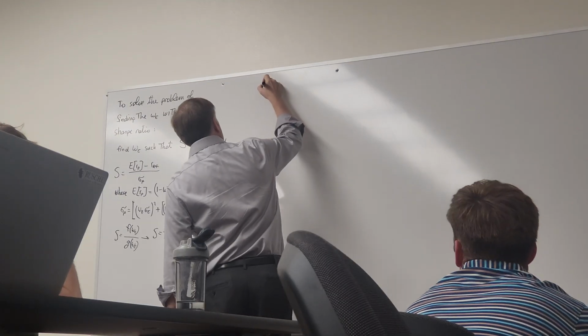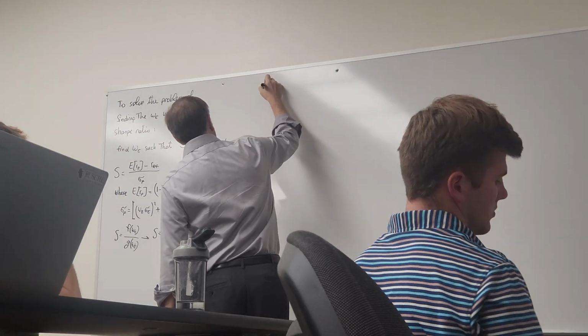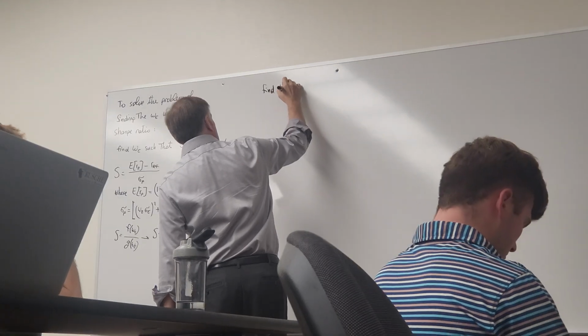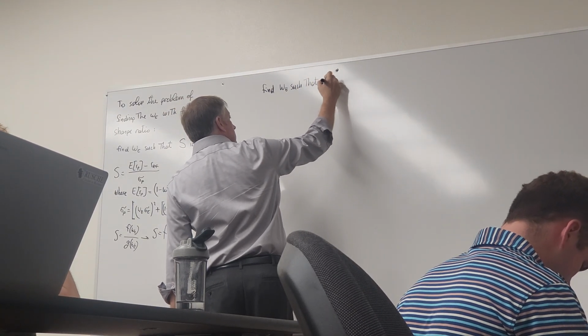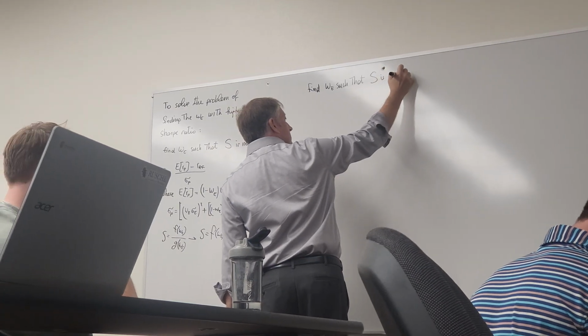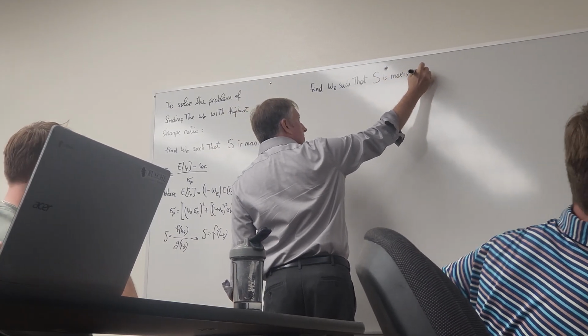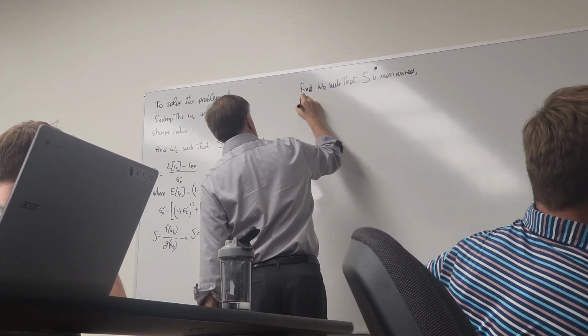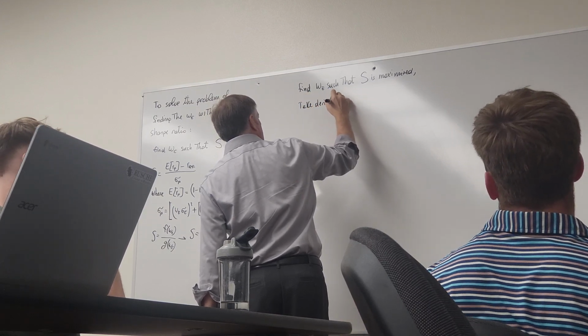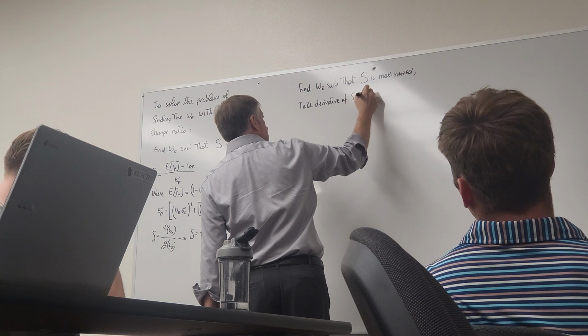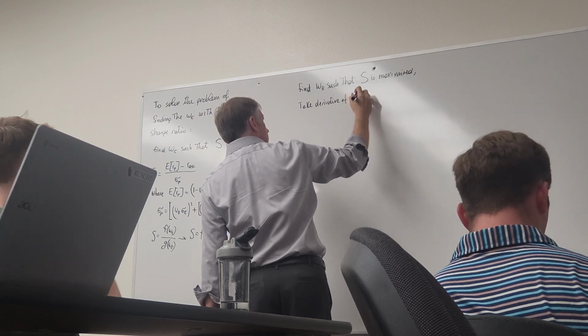So find the weight of equity such that Sharpe ratio is maximized, which implies take the derivative of S with respect to W equity.